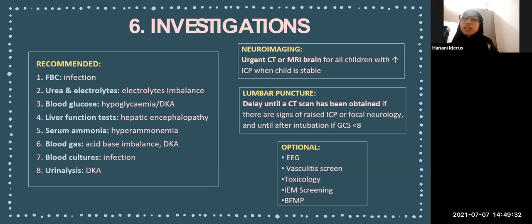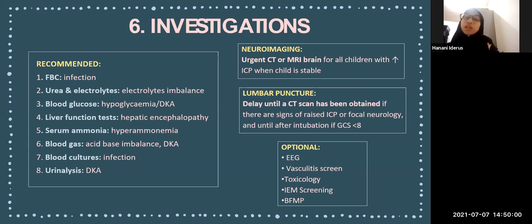And then there is the list of optional investigations. We do these optional investigations depending on our suspicion of certain diseases. For example, if we are worried about malaria, maybe we can do the blood film for malaria parasites, but that is optional.